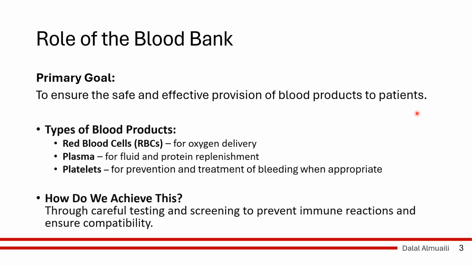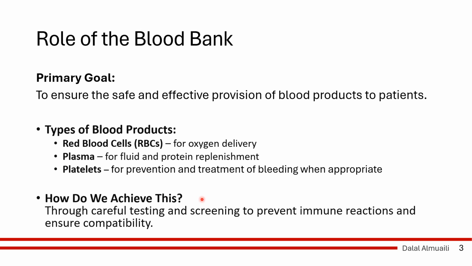Now, most blood banks offer red blood cells, plasma, platelets, and other plasma derivatives. If you are in Kuwait, most blood banks will have all of these products. If you are not in Kuwait, it is always worth asking what are the products that are offered by your local blood bank in your hospital.